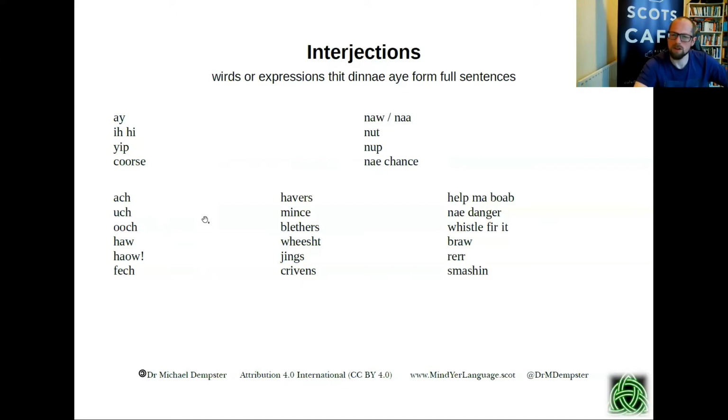So there's hundreds of interjections. There's loads and loads of them, but they're just a wee idea of what's going on. If you're writing and scripting stuff, using the right interjections can make a big difference for scripts and stories and things like that. So even though they sound like wee things, they do matter.